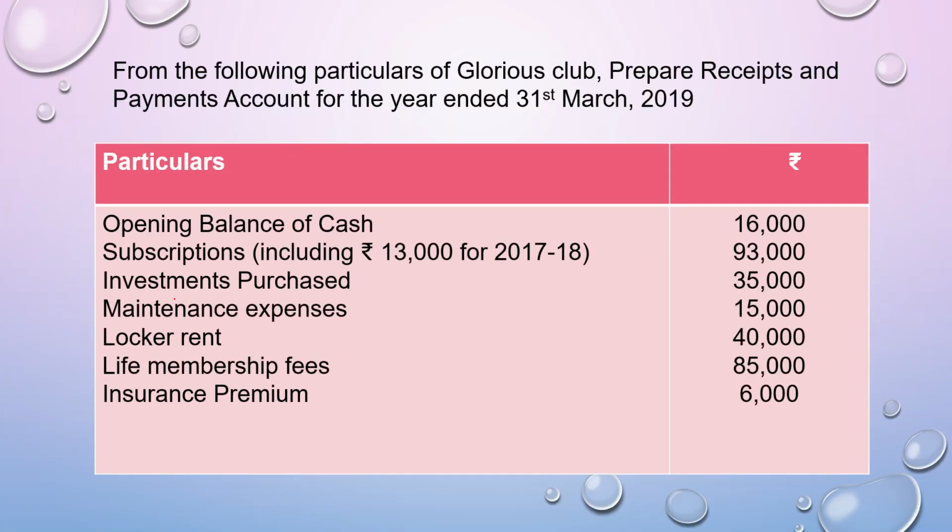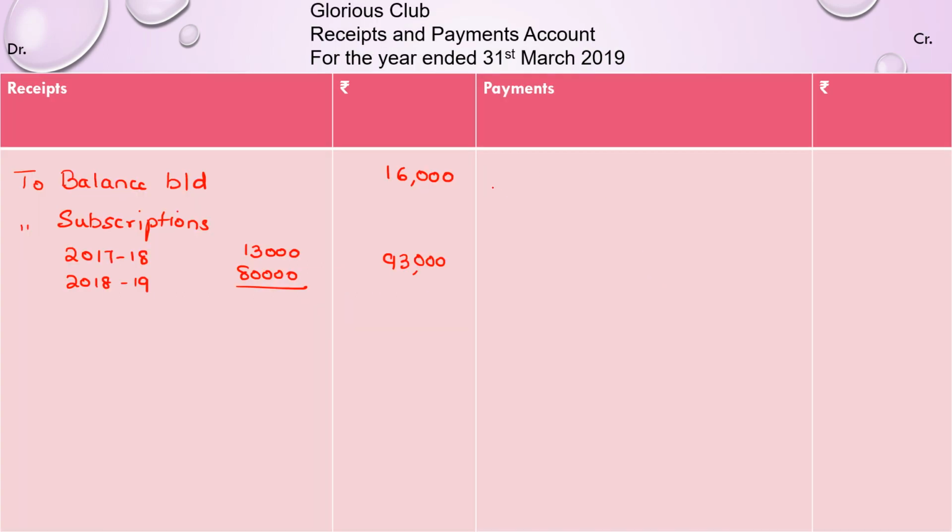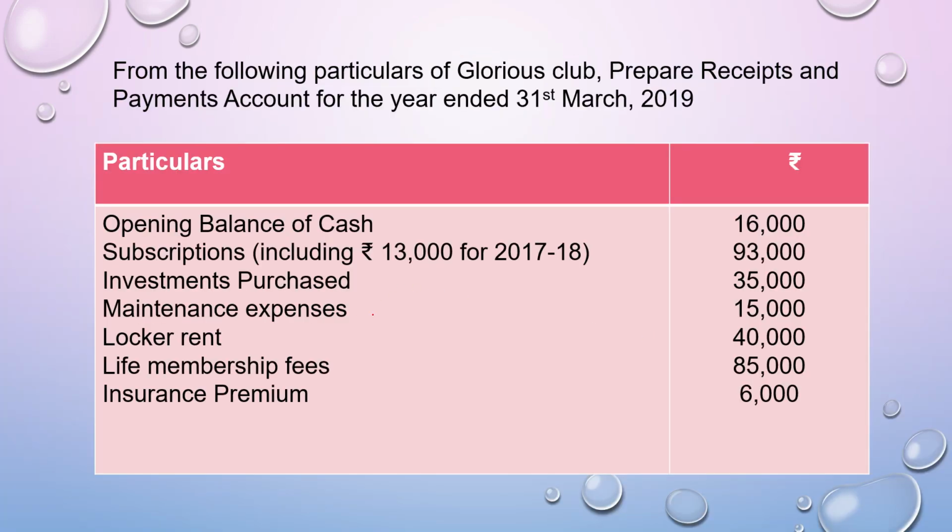Then next is investments purchased, 35,000. So this is a payment item. So you write on the credit side by investments, 35,000. Maintenance expenses 15,000. So this is a payment.